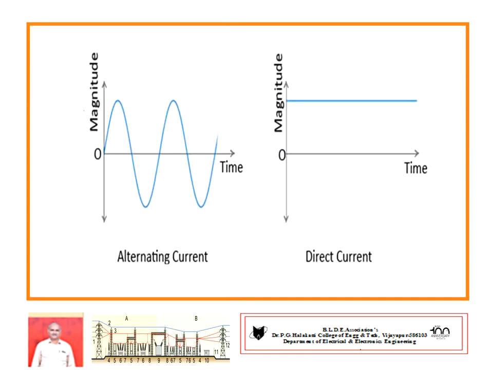It is already a well known fact, we have two types of supply. One is known as DC supply, another one is known as AC supply. First you see the direct current supply, DC supply. In this one, the magnitude of voltage remains steady or constant, 5 volts, 5 volts, 10 volts, 10 volts.